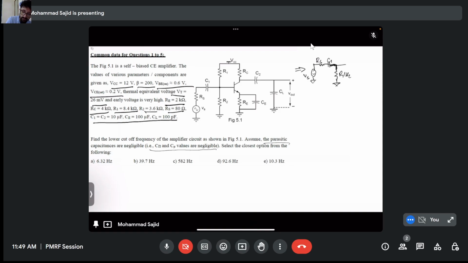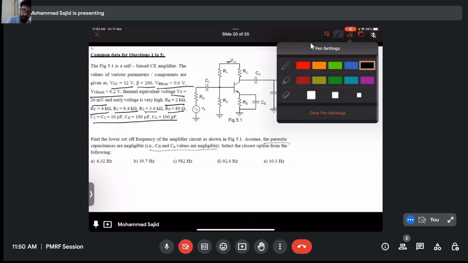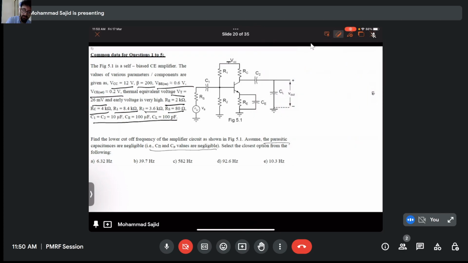R2. This is my R pi, right? This is RE. This is CE. Okay, this is getting jumbled here. Let's draw properly.